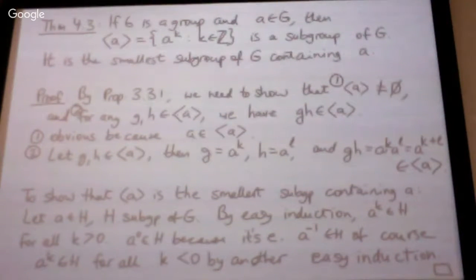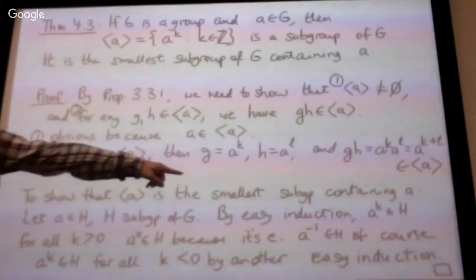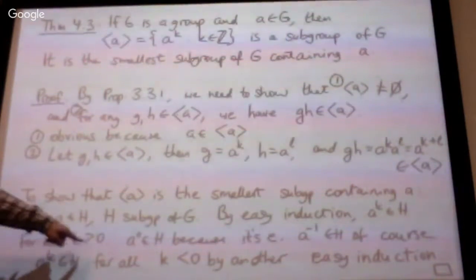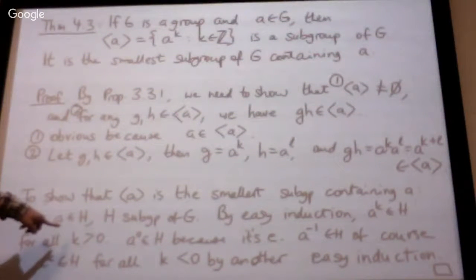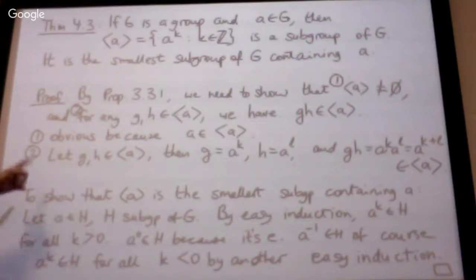Because you complained about proofs by induction, a proof by induction is a proof by contradiction in disguise, as I will now briefly demonstrate. What I'm claiming is that A to the K is in H for all K greater than 0. Suppose not.